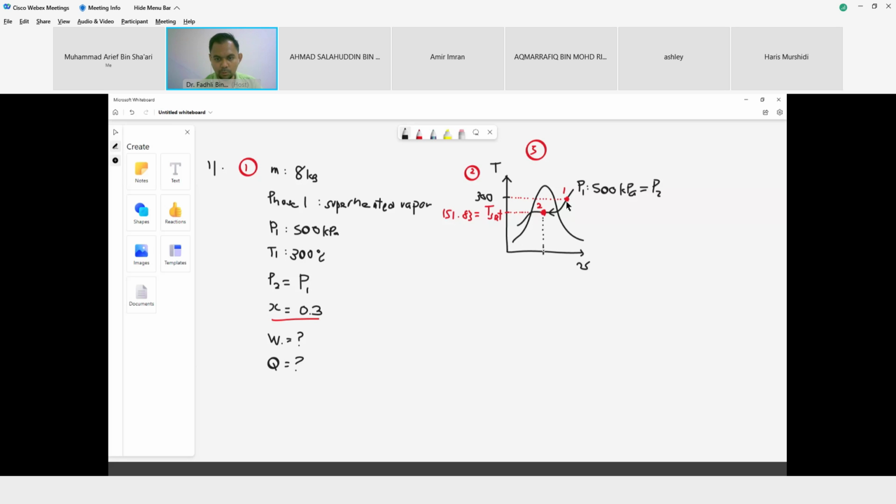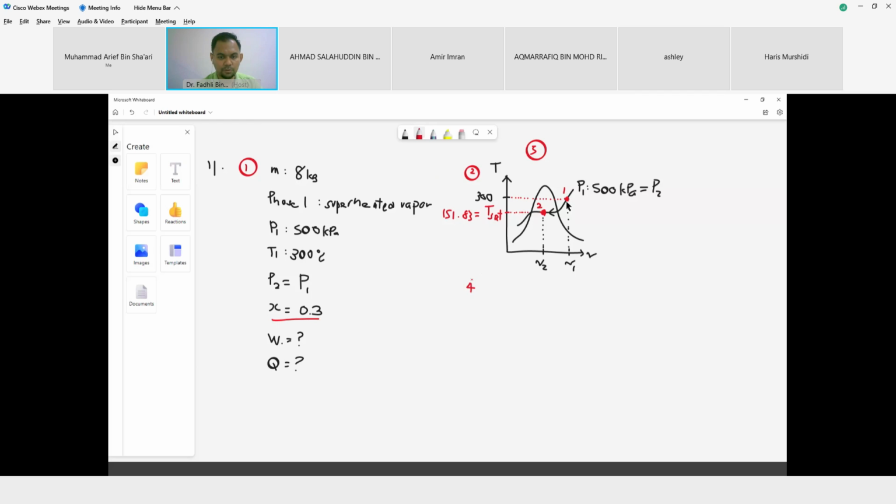It will help us later on in order to determine the work done and the heat transfer. Okay, next, step number 4.